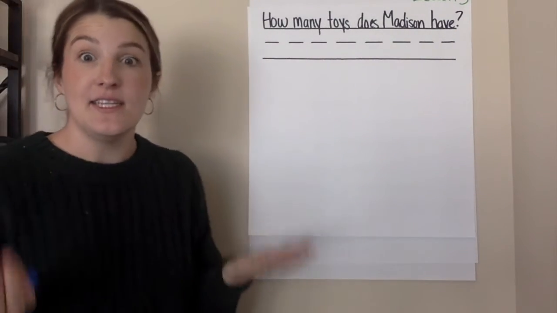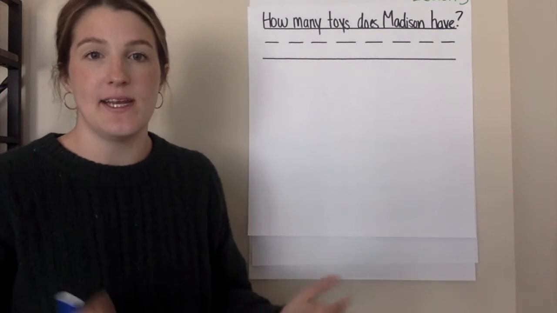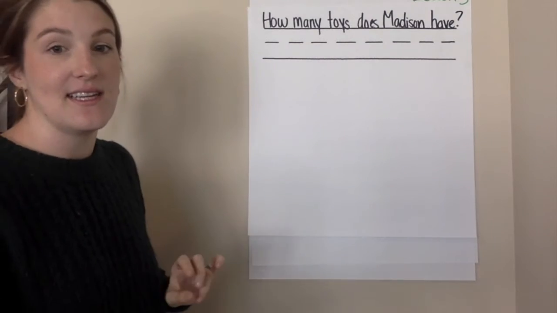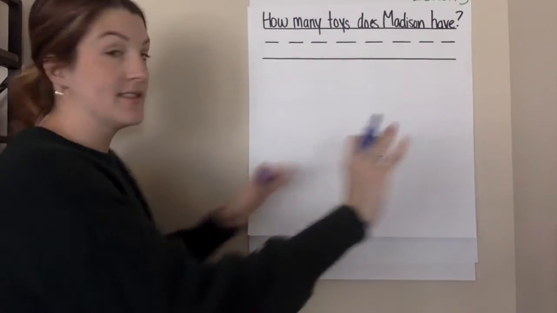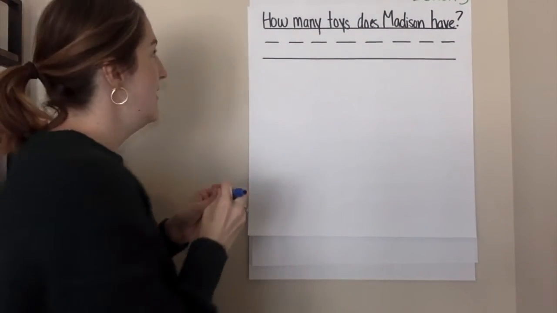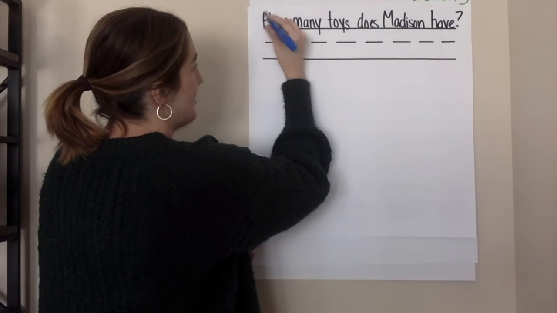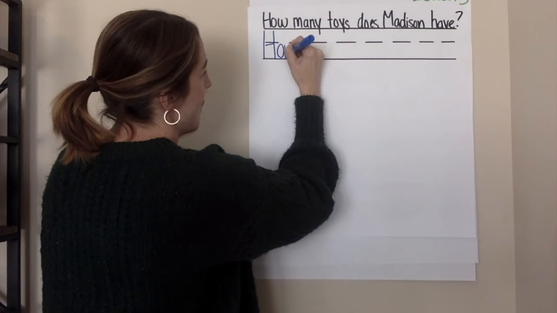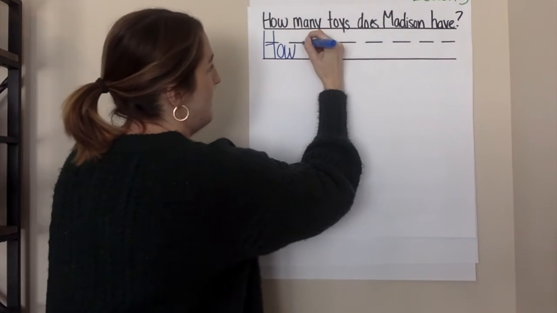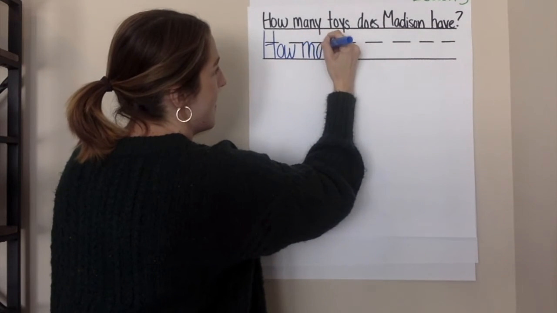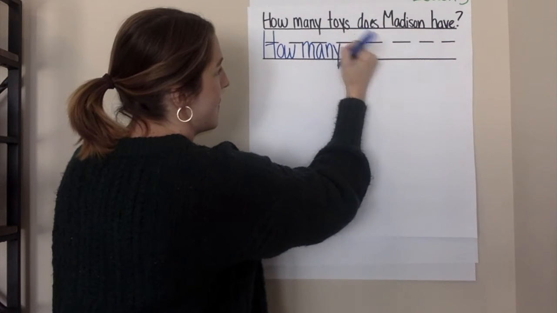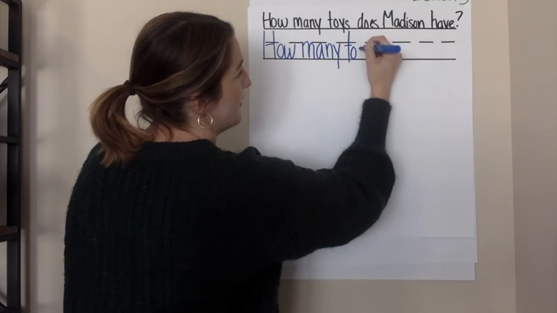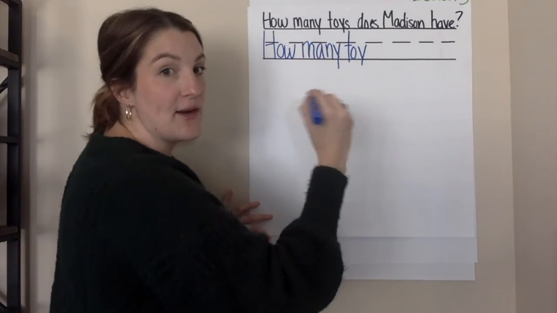Also, I need to remember to use good handwriting. So I want my sentence on the line to look exactly like the sentence above. Let's see if I can do it. Capital letter H, start of a sentence. How many toys, oops, I went a little over, that's okay. If I had an eraser, I would just erase that.